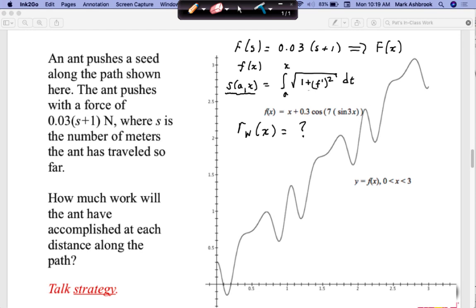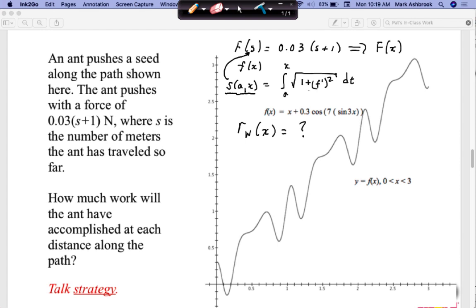So this is s as a function of x. So we can take that and put it in, oh, sorry, right here. That's s, so we can put it in there because then we need f of s, and that's what s is. And when we do that, this is like a composite function, right?